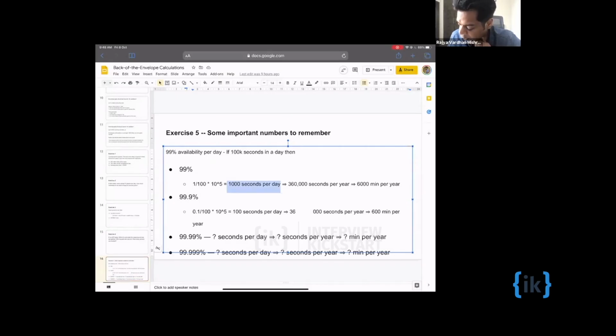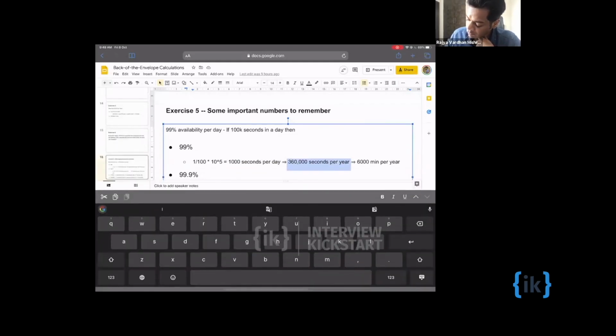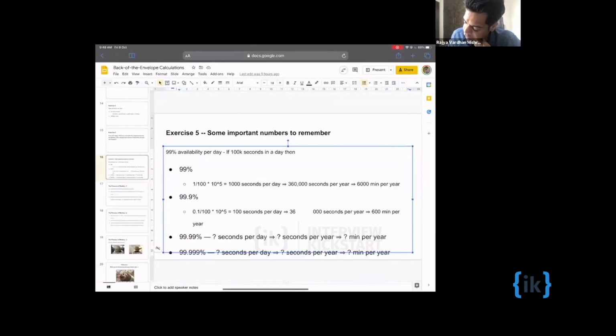And if we extrapolate it to a year, let's say 360 days, it becomes 360,000 seconds, which is like 6,000 minutes per year. So with 2 nines of availability, your system was not available for 6,000 minutes in a year.